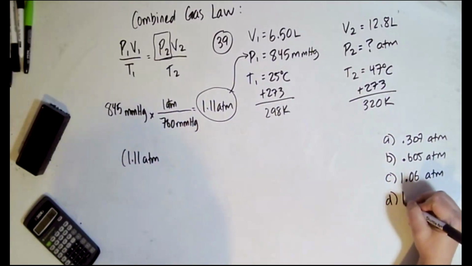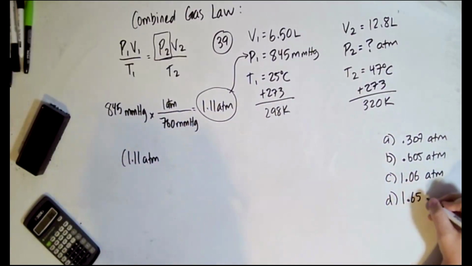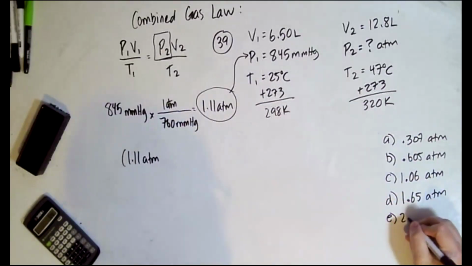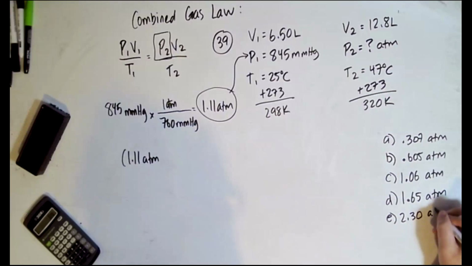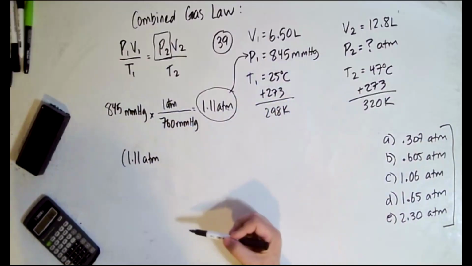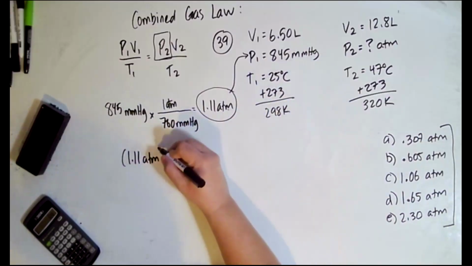It's really easy to do that. And that's always a bummer when you've done the steps correctly, but you miss that last step of converting it into the correct unit. So because all of these units are in atmosphere, that's why we switch this from millimeters of mercury into atmosphere.